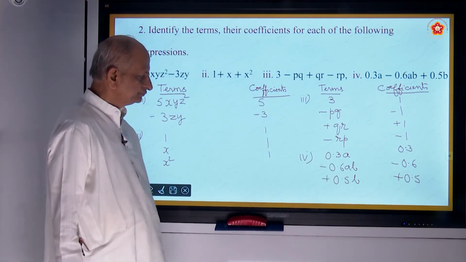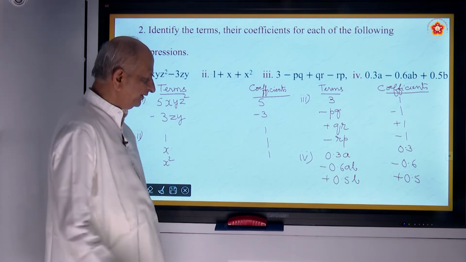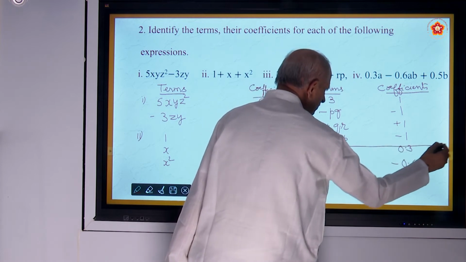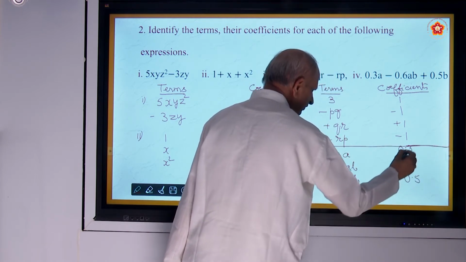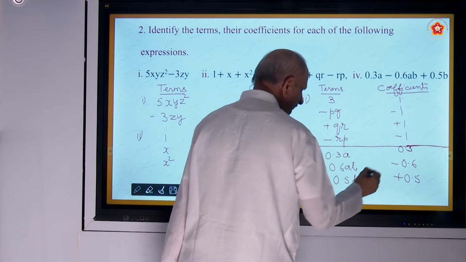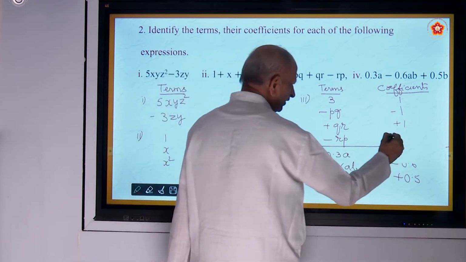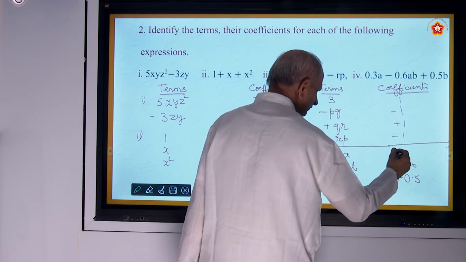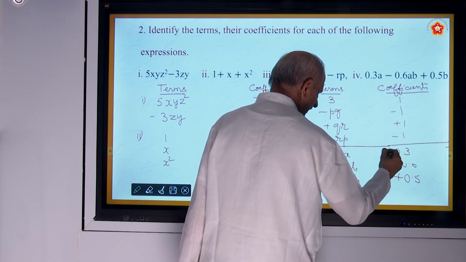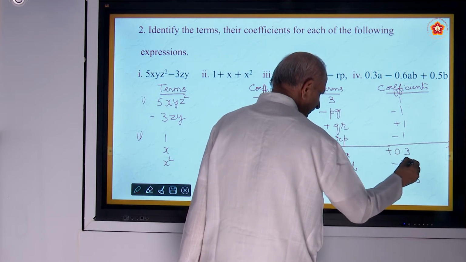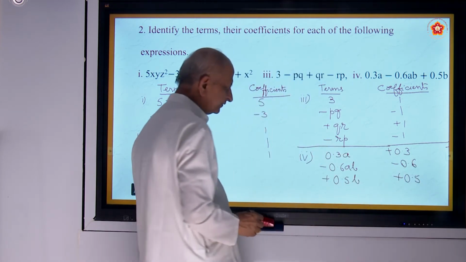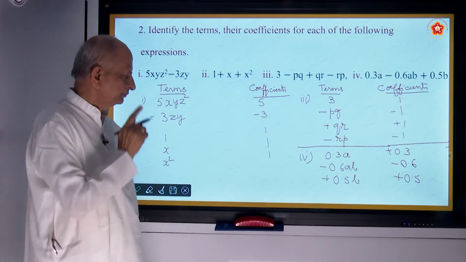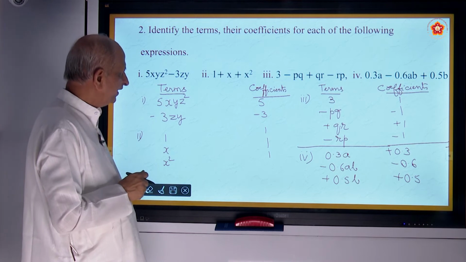Okay, they are the coefficients and these are the terms. So this is a different question. Here it is minus 1, here it is 0.3, plus 0.6, minus. Is it all right? Understood? Okay, they are called coefficients.